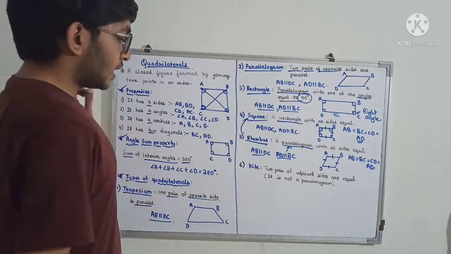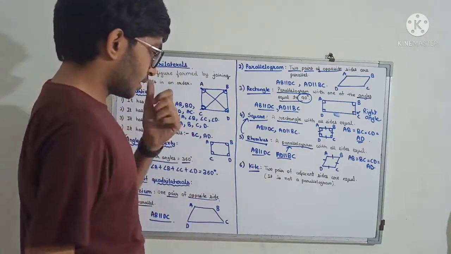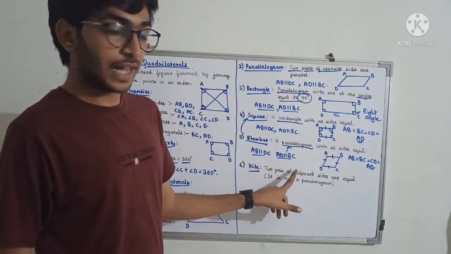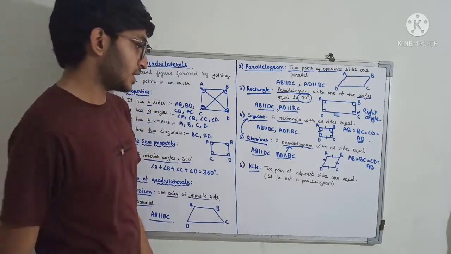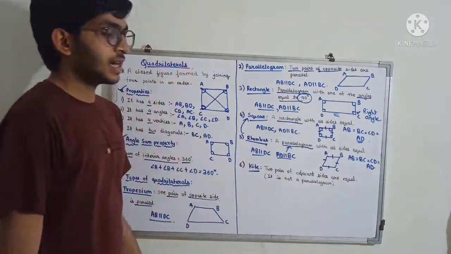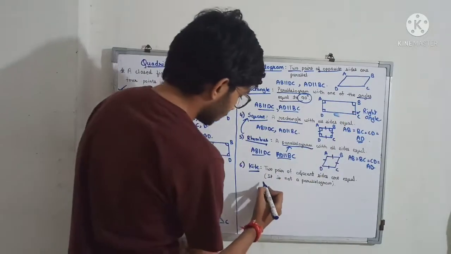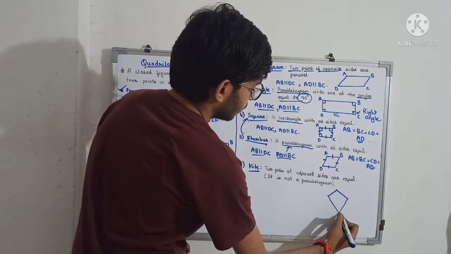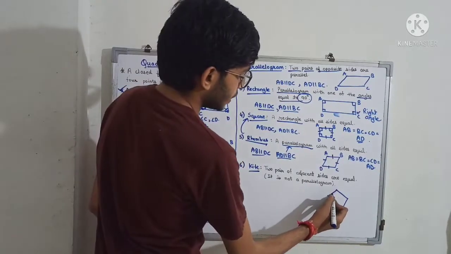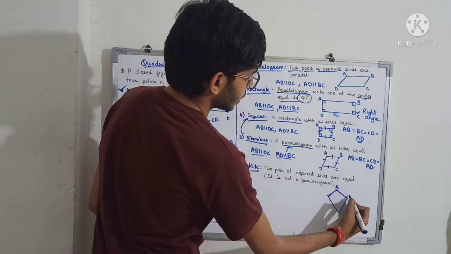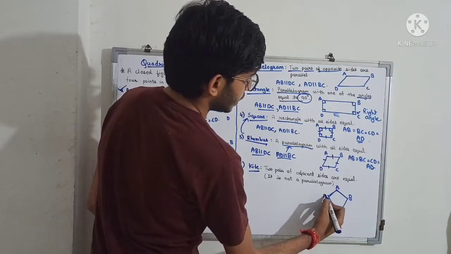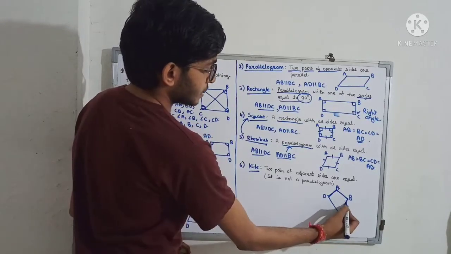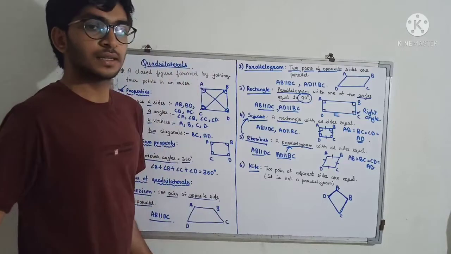Another type of quadrilateral is a kite. A kite is a quadrilateral in which two pairs of adjacent sides are equal. Now what are adjacent sides? Adjacent sides are near to each other. If I draw a figure of a kite and name it A, B, C and D, the AB side is adjacent to AD and the BC side is adjacent to DC.